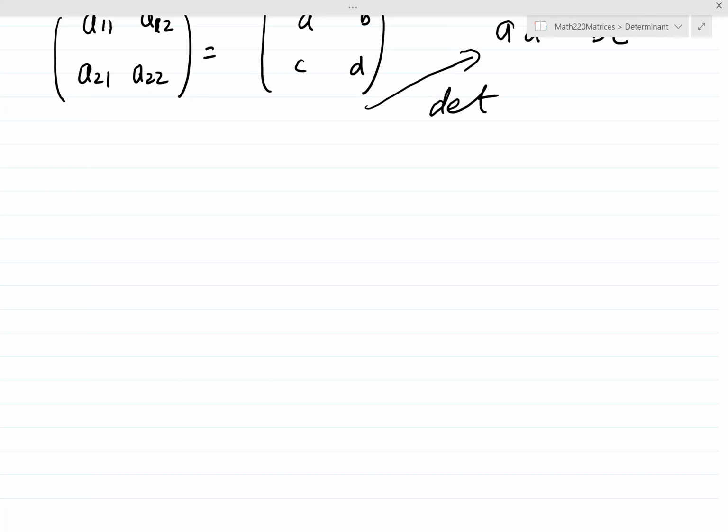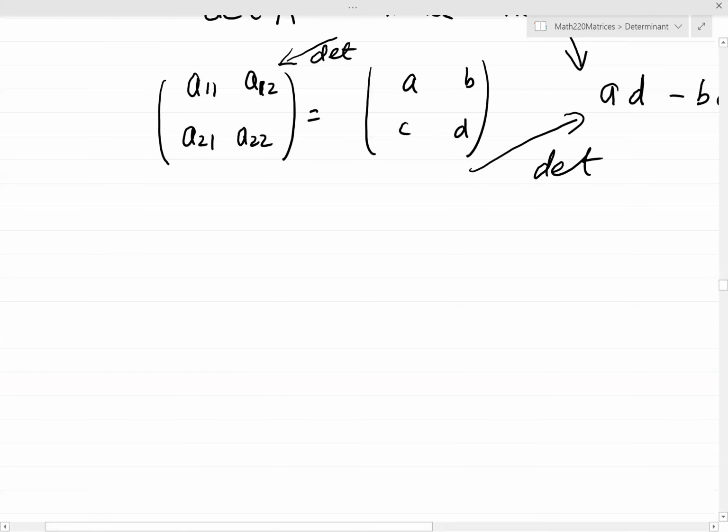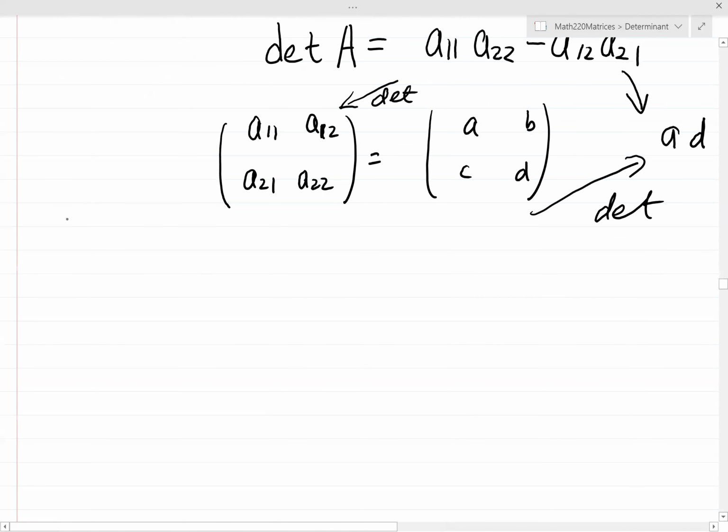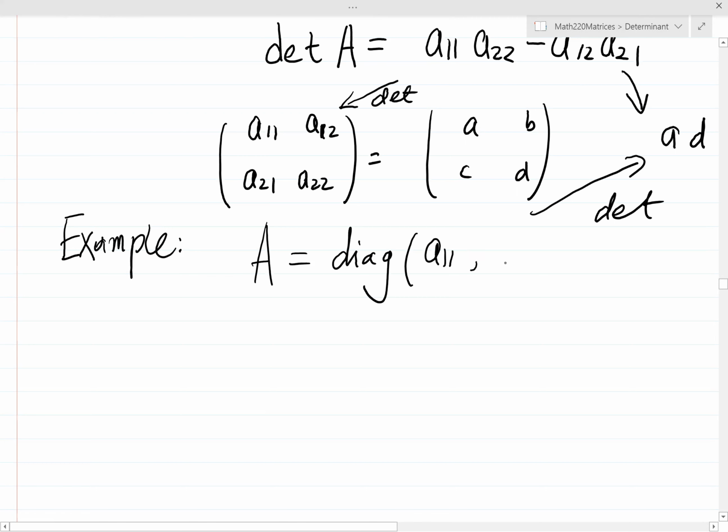Okay, let's see another example. Let A be this diagonal matrix with entries A11, A22, up to Ann.